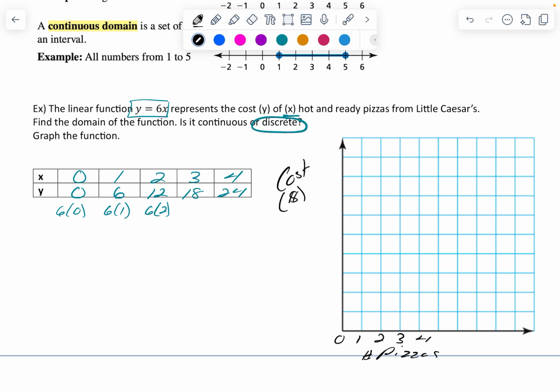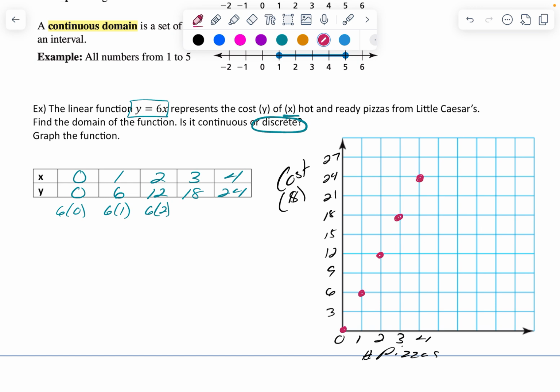With 24, it looks like if we go by threes, that would work nicely. So when we graph it, 0 pizzas cost $0. 1 pizza costs 6. 2 pizzas cost 12. 3 pizzas cost 18. 4 pizzas cost 24.